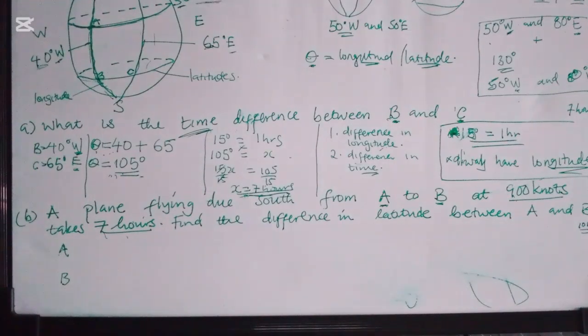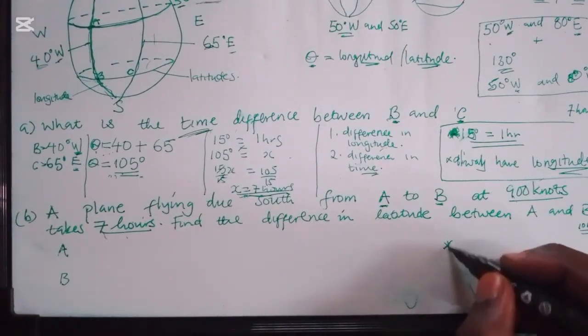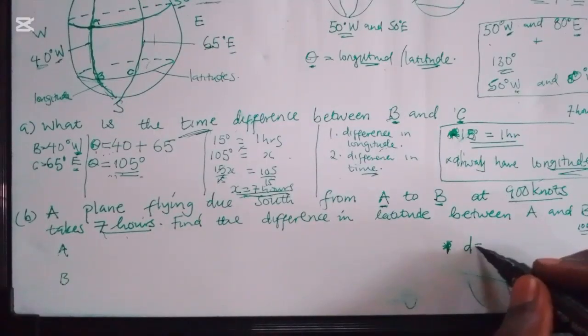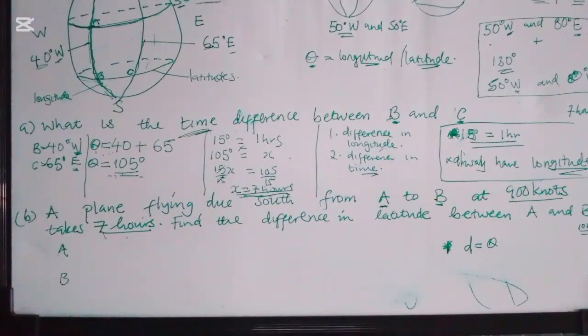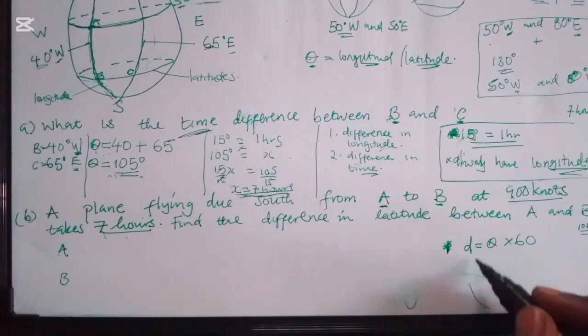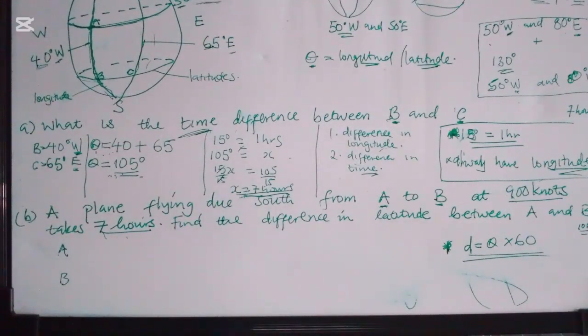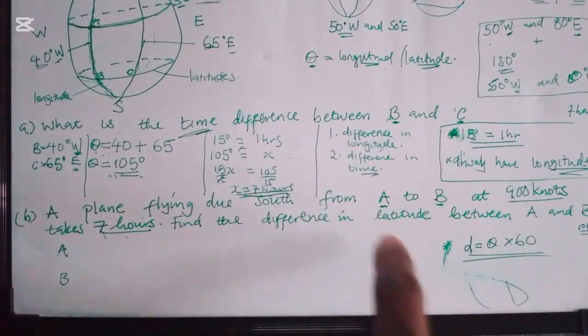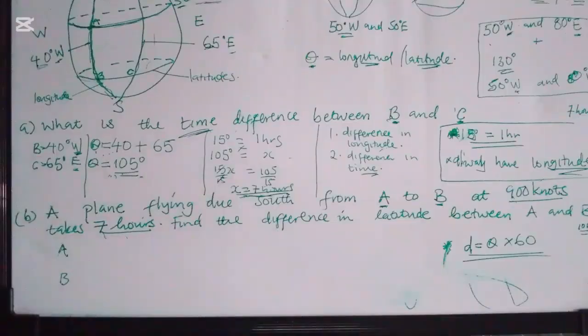Because when you are looking at distance, there is another principle or another formula which you need to know for you to pass each and every question in FE Geometry paper 1. Distance is equals to difference in latitude or longitude multiplied by 60. So this is the formula which we are going to use for us to calculate the difference in latitude.